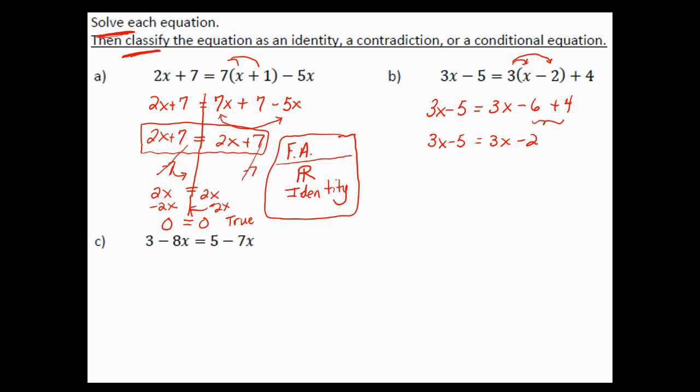So on this problem, it does not match like this one did here, right? So we're going to keep going. So I'm going to pop that number over. I'm going to add 5 to both sides. So 3x would be equal to 3x. And then a 5 minus 2 is a 3.